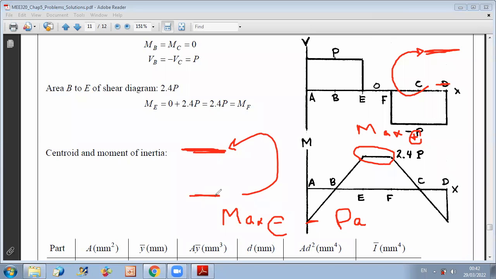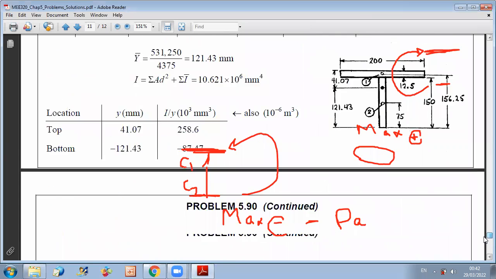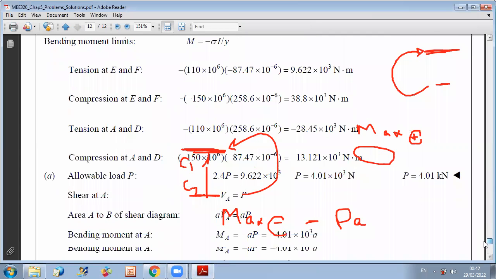Okay, and we know that for compression I use C1 here, for the top I use C1, for the bottom I use C2. Okay, so now when you take the case of maximum positive moment at E and F, you can get the values of maximum compression and maximum tension.